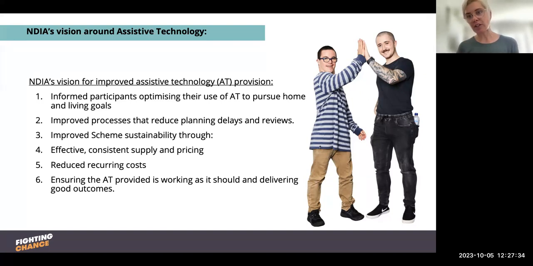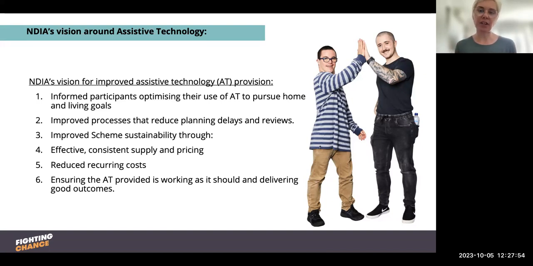That's obviously going to, number one, reduce costs for the agency, but it's also going to increase independence for the individual. So when you're looking at assistive technology, and if you're exploring housing options, then that is something that your OT or your allied health team needs to really consider.